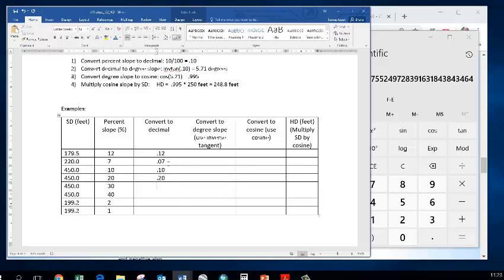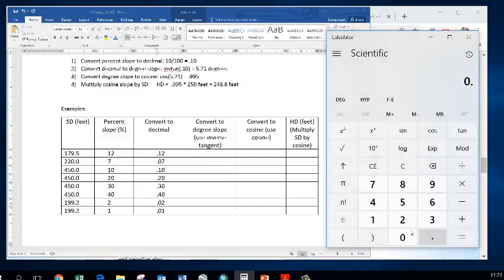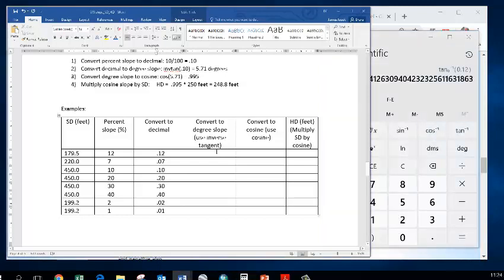0.20, 0.30, 0.40, 0.02, and 0.01. So now I have to convert each one of these to degree slope by using that inverse tangent. So I'm just going to go 0.12, get the inverse tangent of that. That's about 6.8.